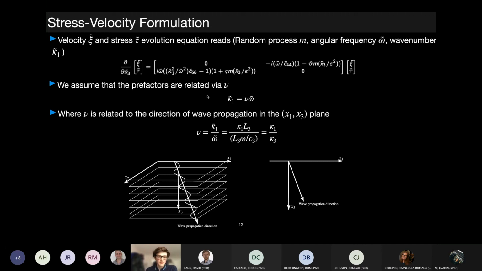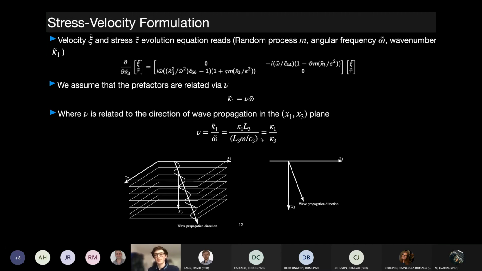We've non-dimensionalized the problem here, and the other important thing is we've defined this parameter nu, which couples the non-dimensional wave number and the angular frequency. It turns out this nu is a steering parameter, a quotient of wave numbers. If you remember at the start of my talk, I was talking about arrays.